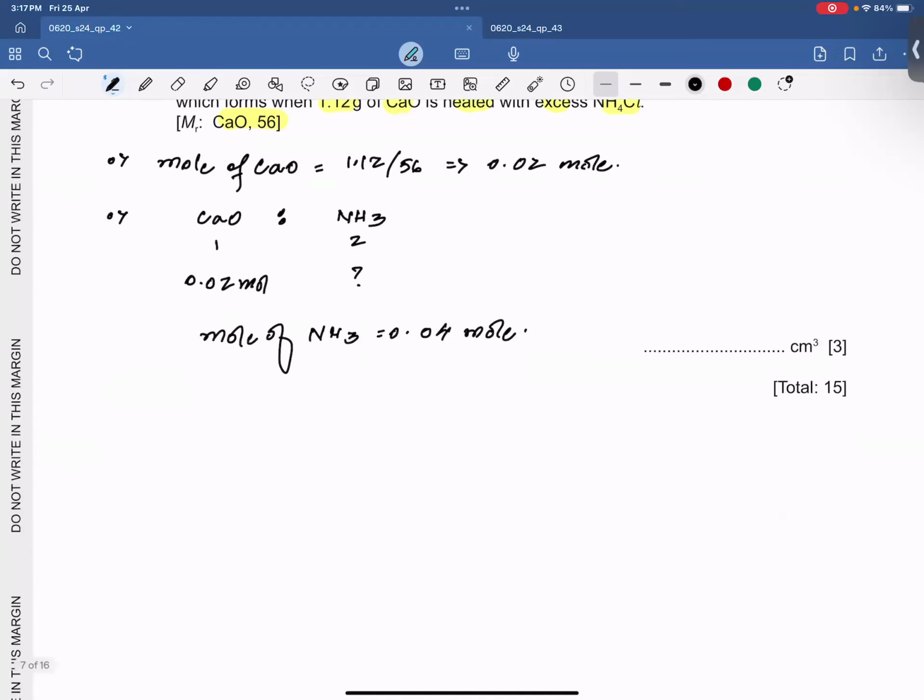I need to find out the volume of ammonia. And for that, I need to multiply moles with molar volume. So molar volume at RTP is going to be 24,000 cm cube. So it's going to be 960 cm cube. So 960 cm cube is the right answer. So that's the end of the third question. Let's move on to the fourth one.